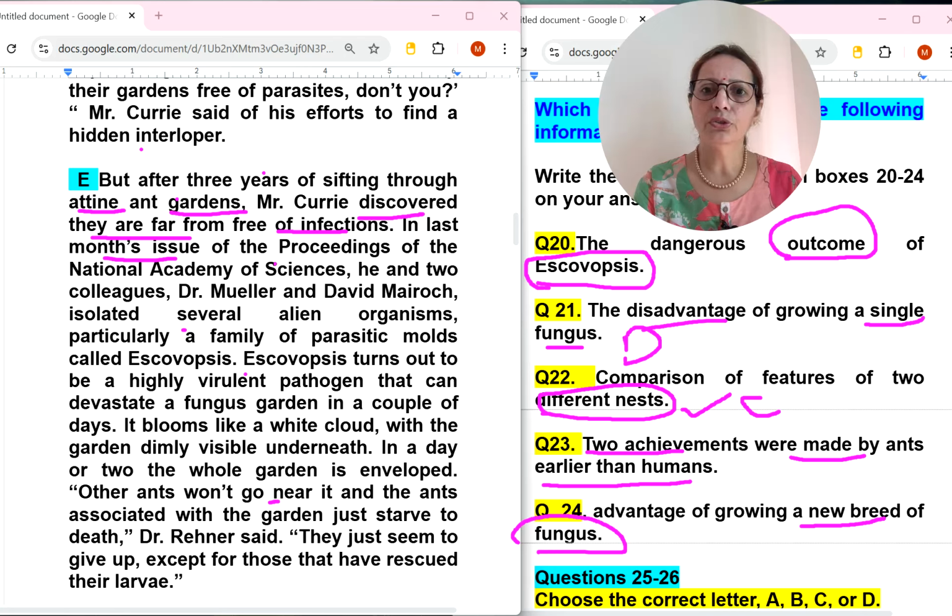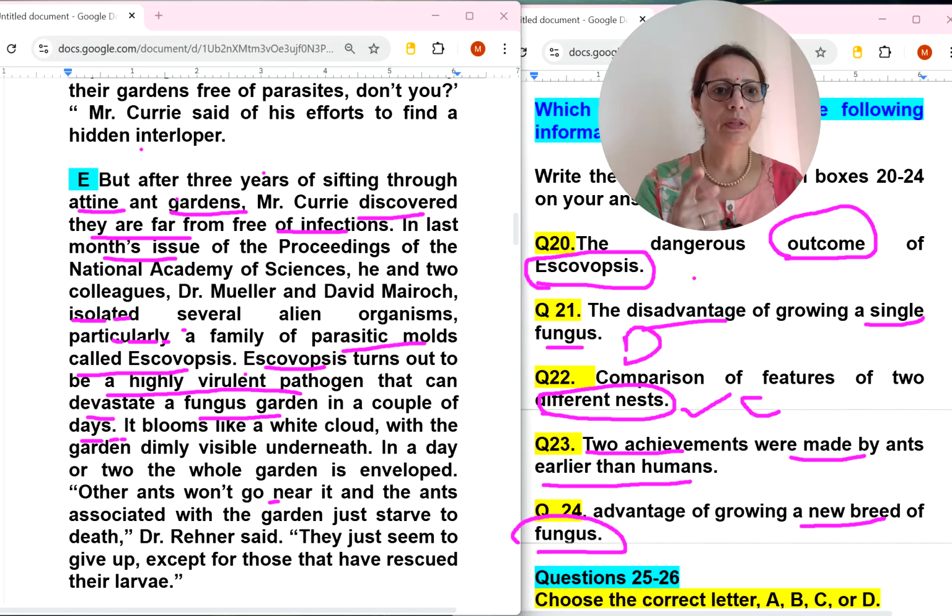In last month's issue of Proceedings of the National, he and his two colleagues isolated several alien organisms, particularly a family of parasitic molds. Okay, it turns out to be highly virulent pathogen that can devastate a fungus garden in a couple of days.